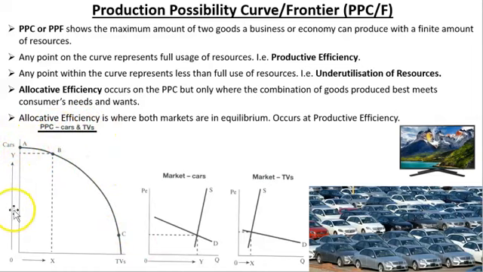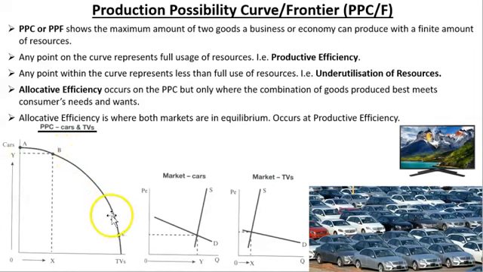So what this shows is the maximum amount of cars, so we're looking at the y-axis here, that can be produced using all the resources of our producer. So if they used all their resources to produce cars, that's how much, that point A, they'd be able to produce. But producers often can produce more than one product, and our PPC is simple in that it only assumes that a producer can make two products.